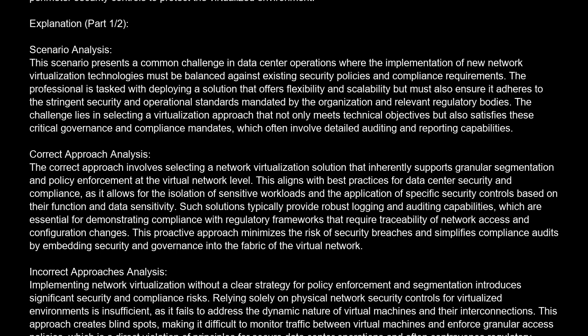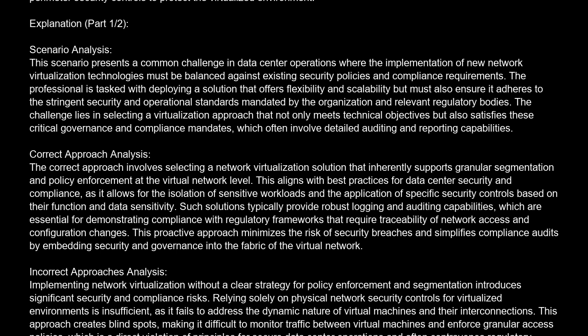Such solutions typically provide robust logging and auditing capabilities, which are essential for demonstrating compliance with regulatory frameworks that require traceability of network access and configuration changes. This proactive approach minimizes the risk of security breaches and simplifies compliance audits by embedding security and governance into the fabric of the virtual network.